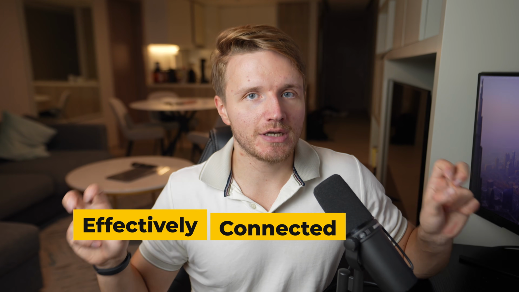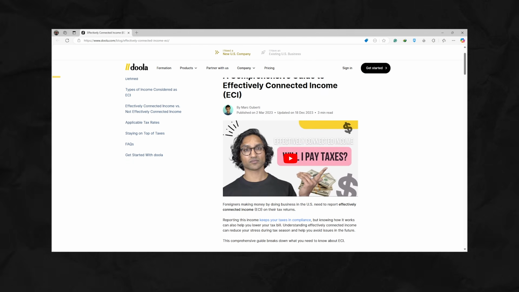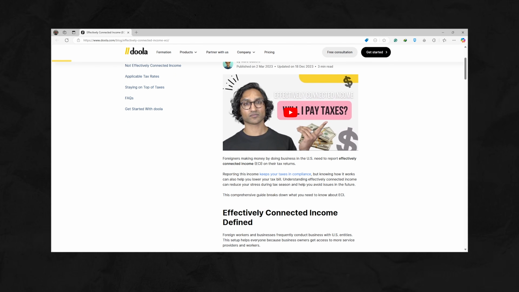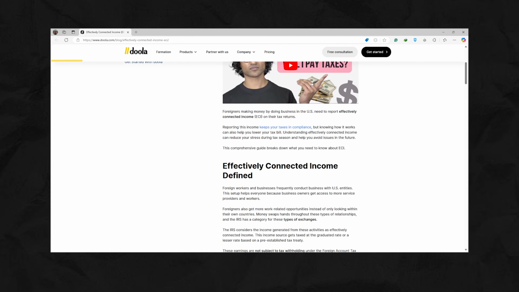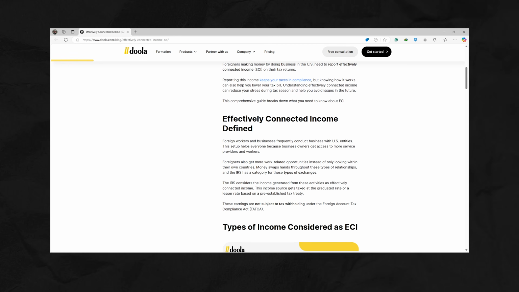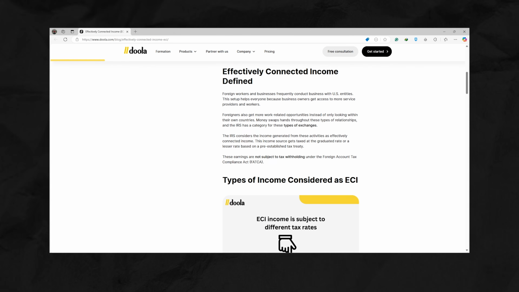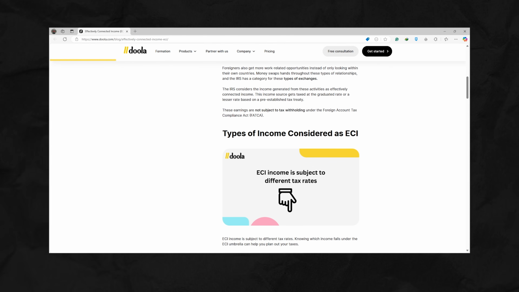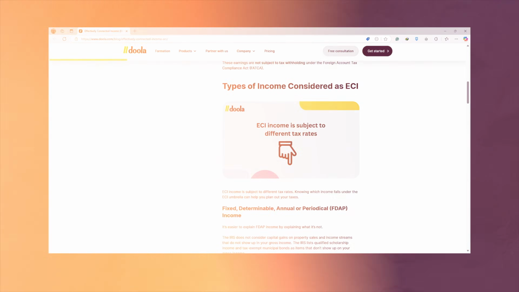So in terms of your general business profits, unless you have what is called effectively connected income, which you can read about right here on this article, for example, is basically any income that you earn while actually physically running this business in the US. So if you're just running this from Dubai, you're basically not going to have any effectively connected income unless you have full-time employees in the US or what I call regular contractors.